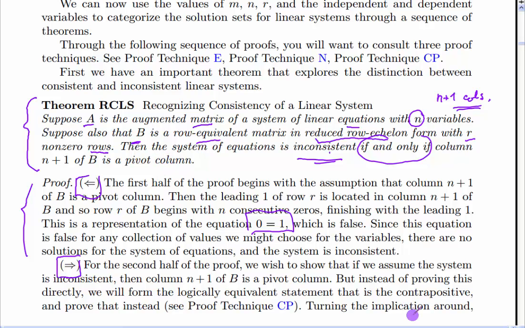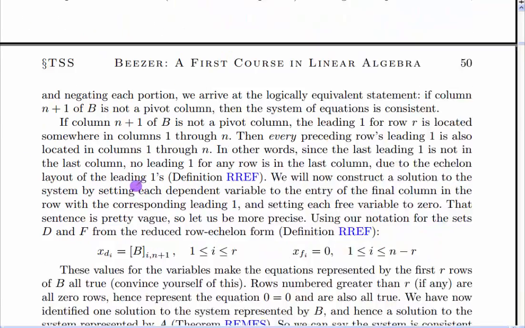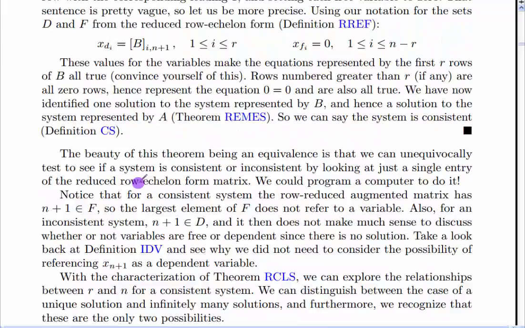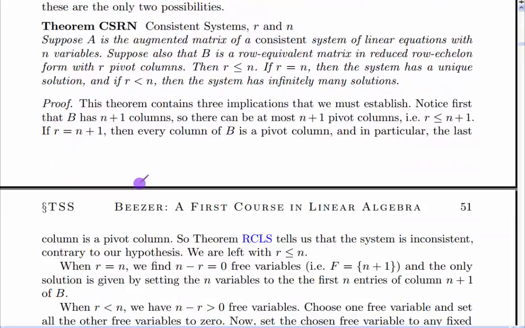We can prove that by proving the contrapositive. The contrapositive states that if column n plus 1 is not a pivot column, then the system of equations is consistent, and that's what we can show just by our procedure. All right? So we've resolved the question of when a system of equations is consistent.